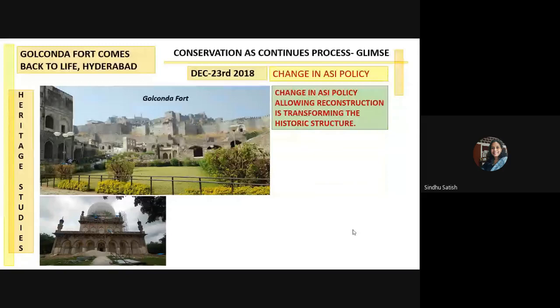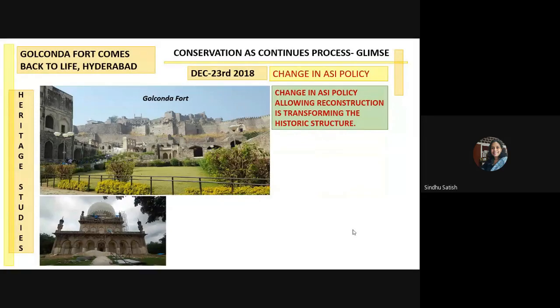But again, they specified that it could be done only if the structure really needs it, and also if they have enough evidence to reconstruct. They should have enough evidence of how it looked in the past, with either photographs or historical records, which give visual clarity, material clarity, construction clarity, and things like that.